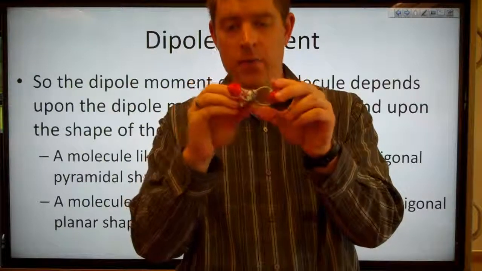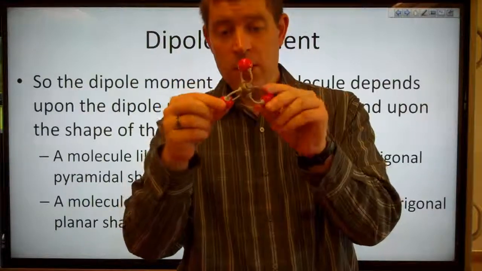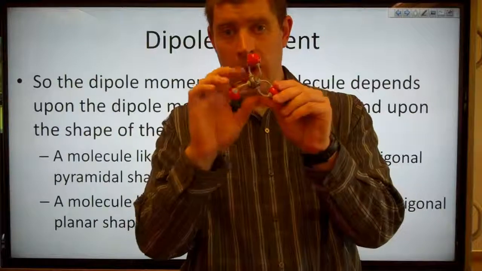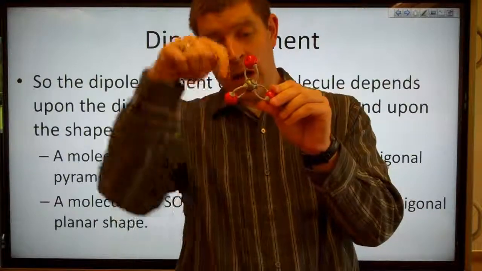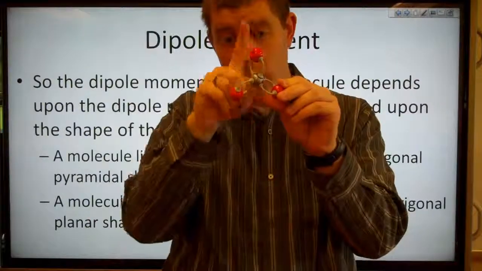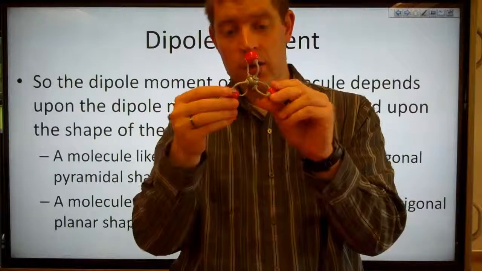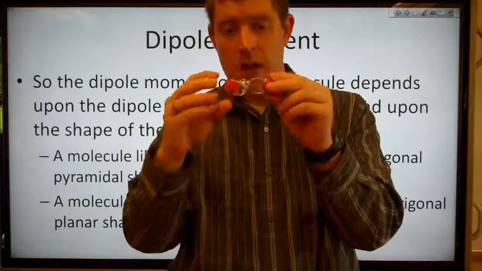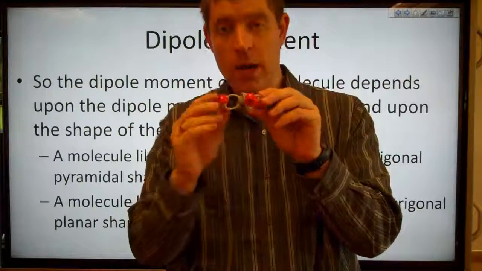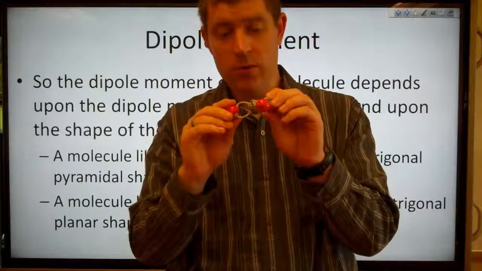The oxygen atoms are each more electronegative than the sulfur, which means that each bond is pointing outwards from the sulfur to the oxygen. But because they're all coplanar, they all cancel. All of those dipoles cancel.